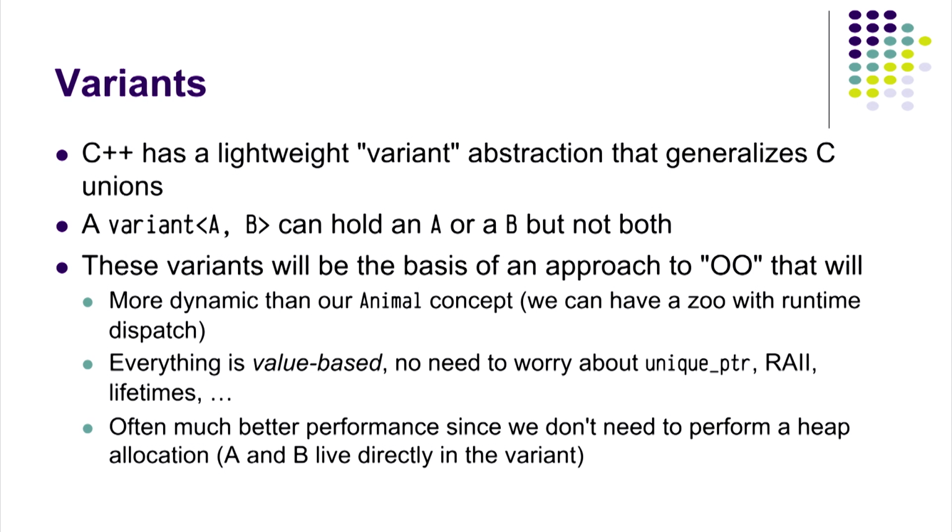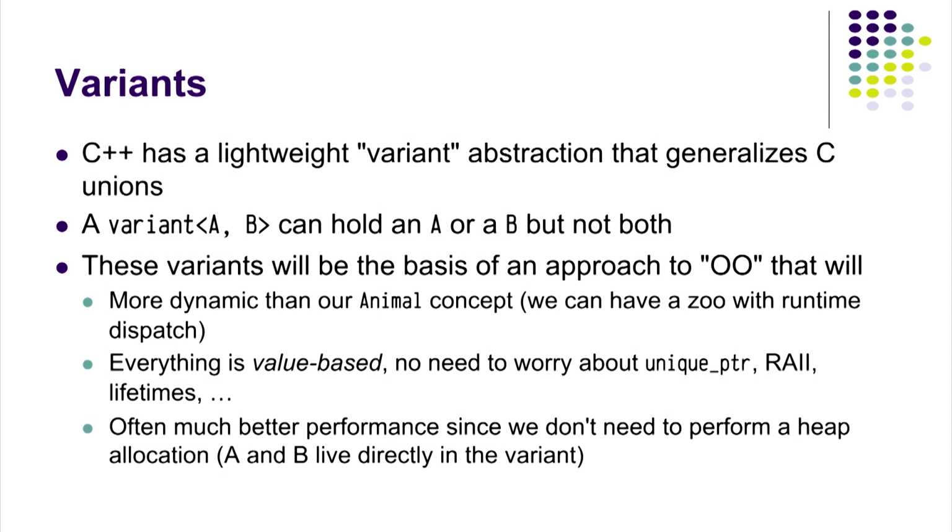And this is where variants come in. C++ has a lightweight variant abstraction that generalizes C unions. A variant of A and B can hold an A or a B, but not both, okay?